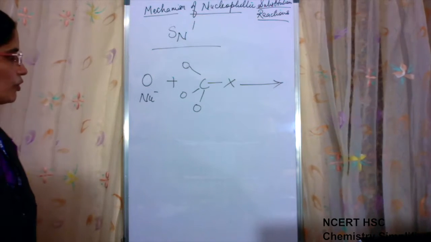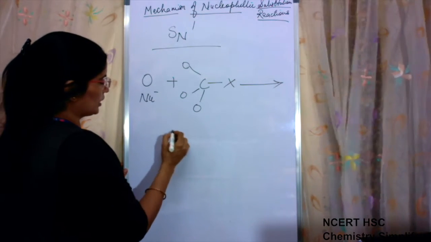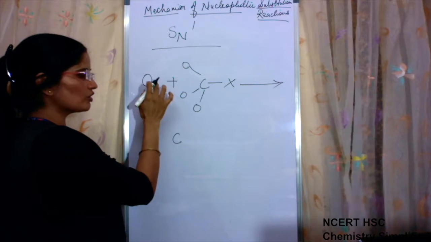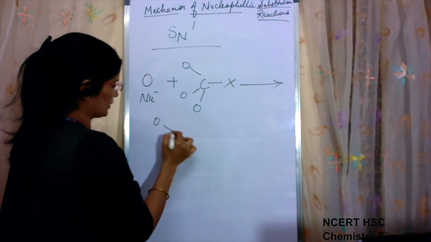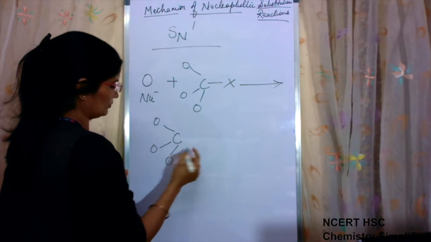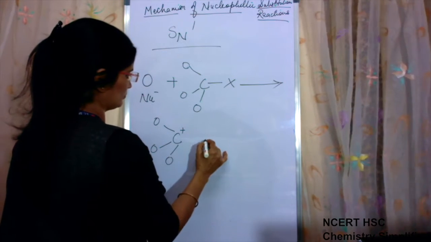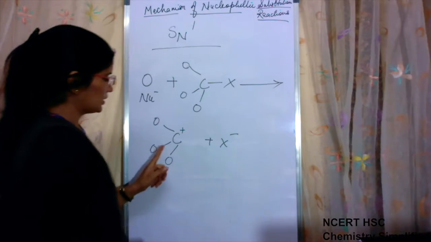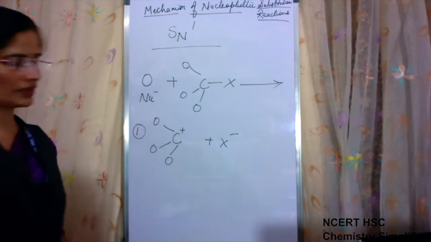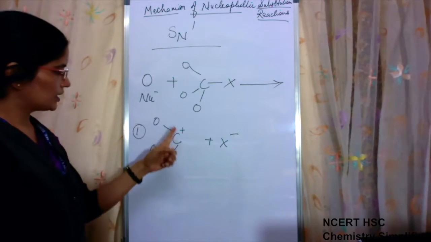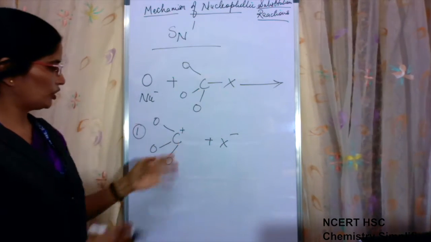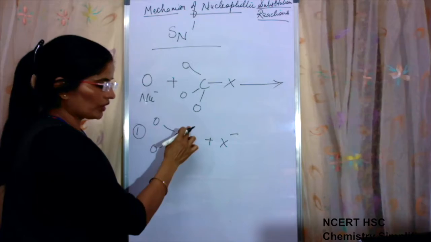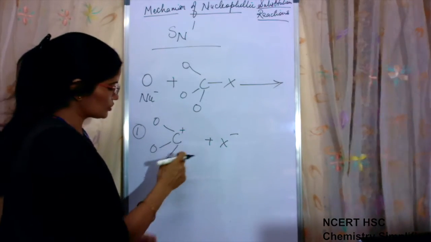In the first step, under the influence of the nucleophile, this molecule will separate. This is step number 1. First, this alkyl halide molecule will split into a carbocation, because C has a positive charge.